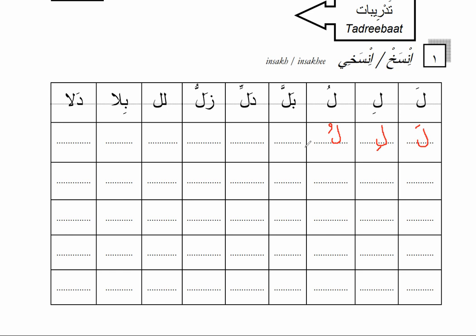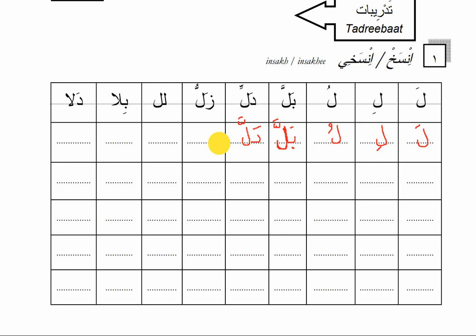Now when it comes with a connector, what are you going to do with the connector? Ba, connect the lam, and lam is at the end, so you need to write it in the full form. Ba, and with the shadda, balla. Dal, it's a non-connector, so you need to write lam separately, dalla.